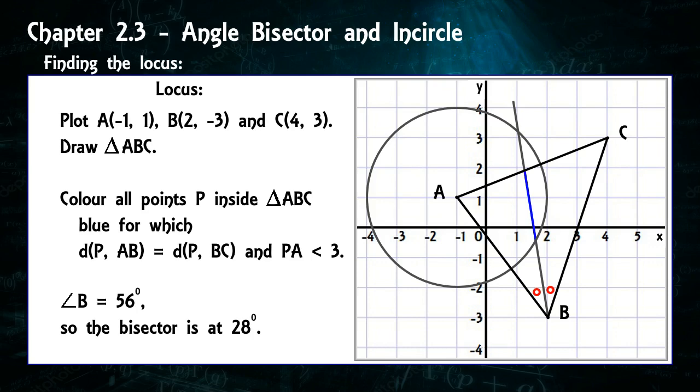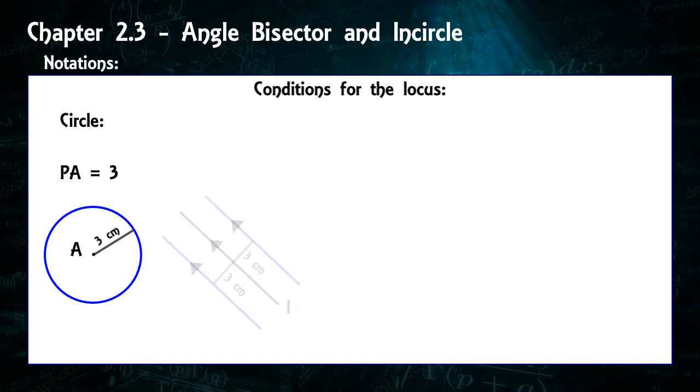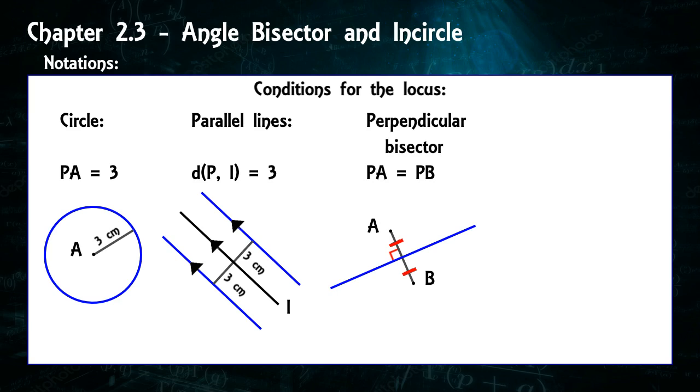With the bisector in our pocket, we now have 4 locus-related lines. The circle, with the notation PA is equal to 3. Parallel lines, which we can recognize with dPL is equal to 3. The perpendicular bisector, which has the notation PA is equal to PB.